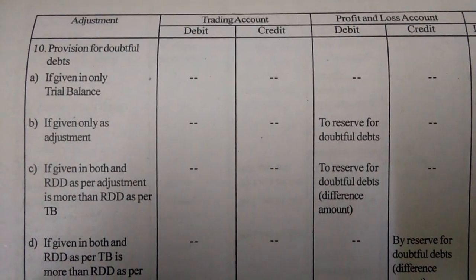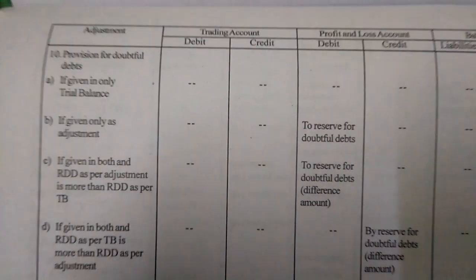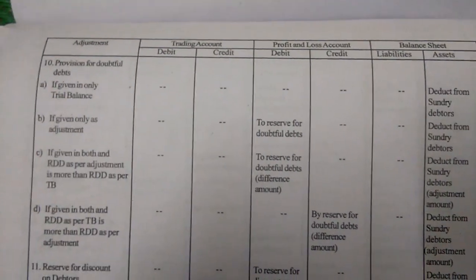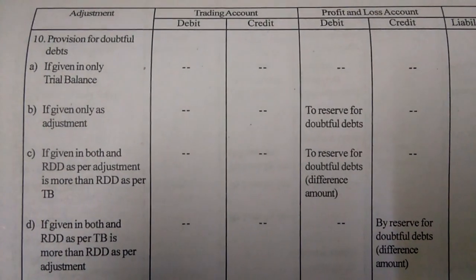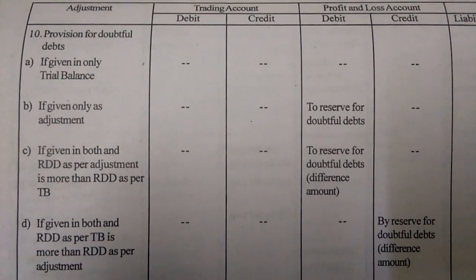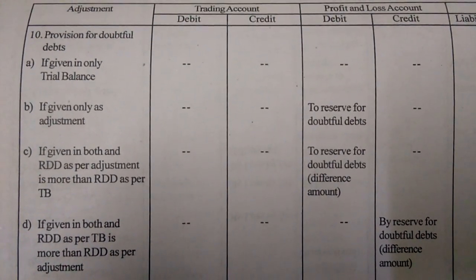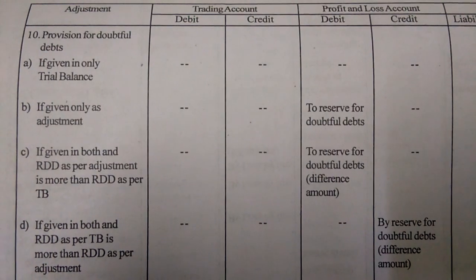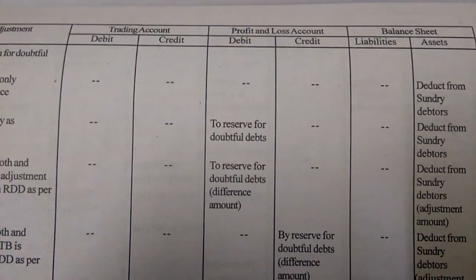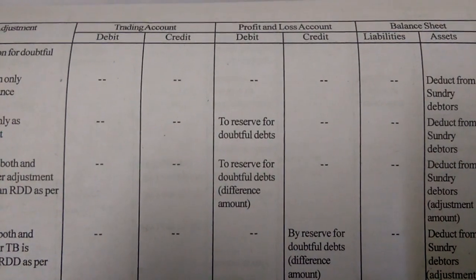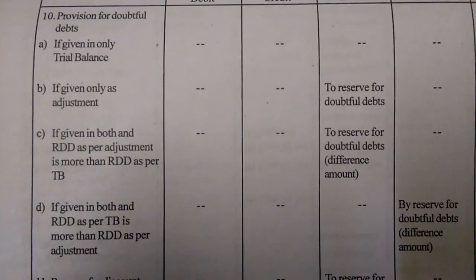10th point, provision for doubtful debts. Three types are given. A: if given only in trial balance, directly deducted from the sundry debtors.